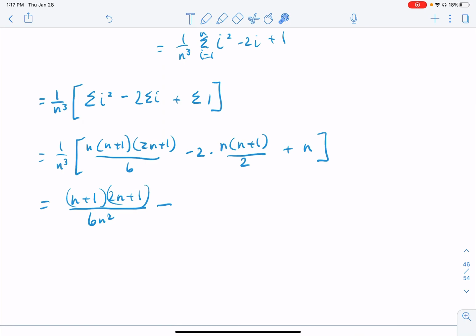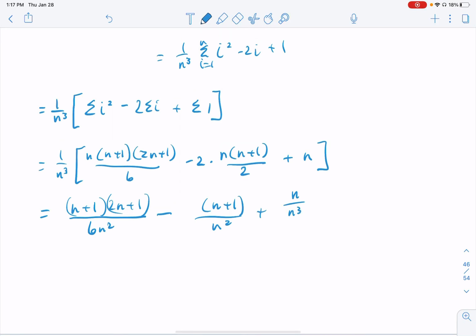And then I'm just going to still have this n cubed on the bottom over here. So n times n plus 1 over n cubed. And if you want to, you can reduce that by a factor of n as well. So get rid of this n, get rid of this 3, and turn it into a 2. Plus, take this 1 over n cubed and multiply it times n. Of course, you're going to have n over n cubed. You can reduce those by a factor of n, like that, 1 over n squared.